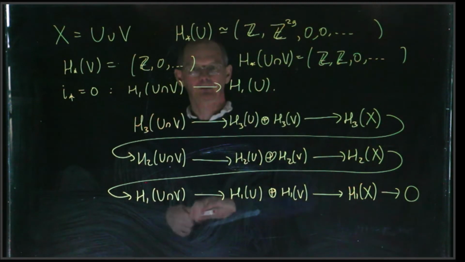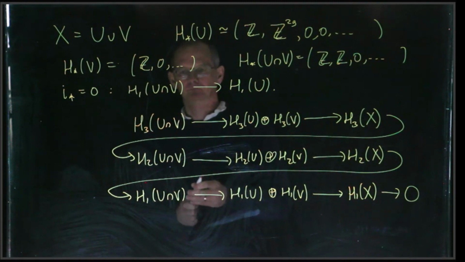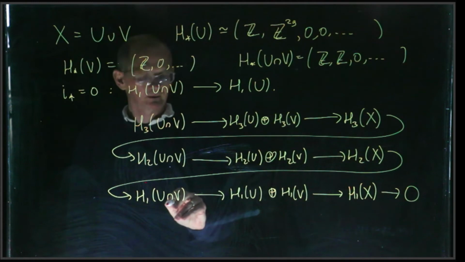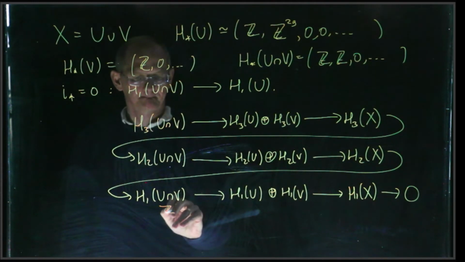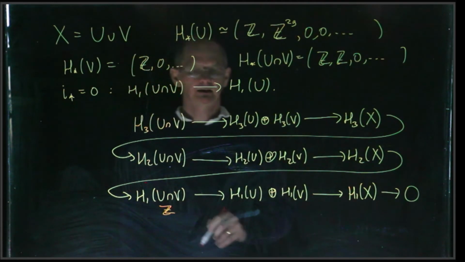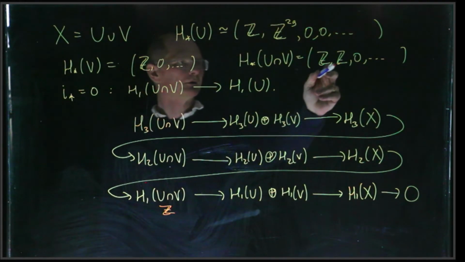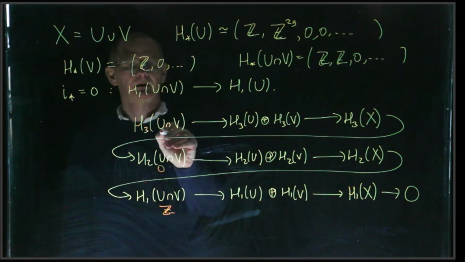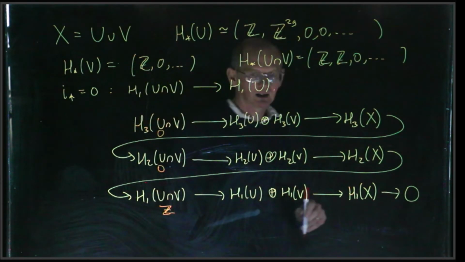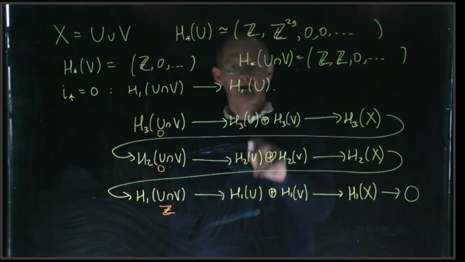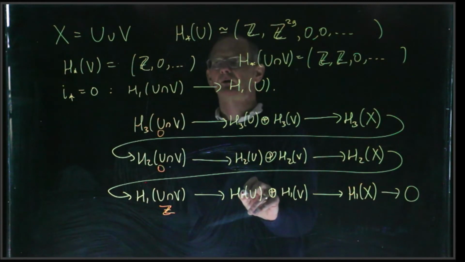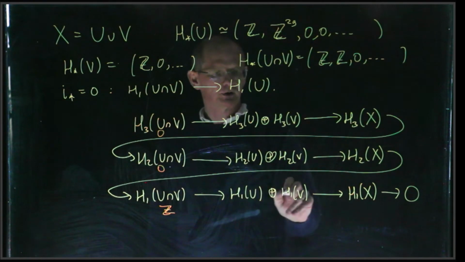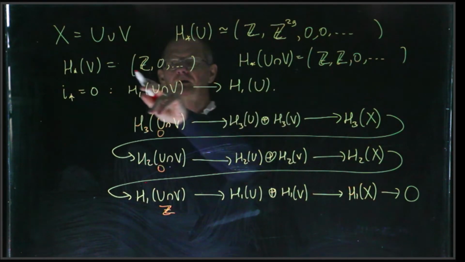Okay, so what do we know about these various groups? Well, U intersect V, of course, we know we've got a Z here. But then you've got nothing above that because it's just a circle. So we've got 0 here, 0 here, and then over here for our U again we've got Z^2g for the H1 of U and nothing for the H1 of V because V is contractible.